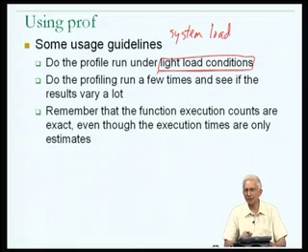Okay, now another piece of information that should be borne in mind: remember that Prof, in addition to giving you this estimate of the percentage or the amount of time spent in each function, also gives you the number of times that each function was executed. That count was generated by incrementing a counter within the early parts of the function, and therefore the count of the number of times that each function was executed is exact.